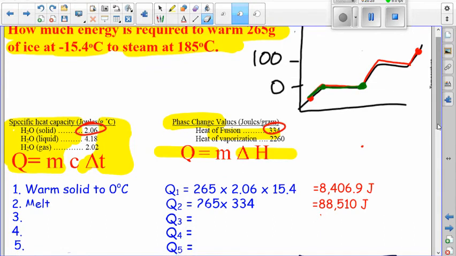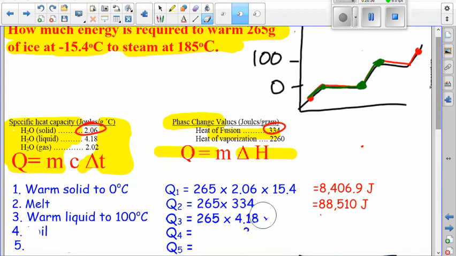Okay, so we've done 2 sections. Now we're here, and we're going up to here. All right, Melania, is there a change in temperature in this 3rd section? Yes, so we're going to use Q equals MC delta T as we warm the now liquid to 100 degrees. What's our M, Melania? 265. Love it. What is our C for liquid H2O? 4.1.